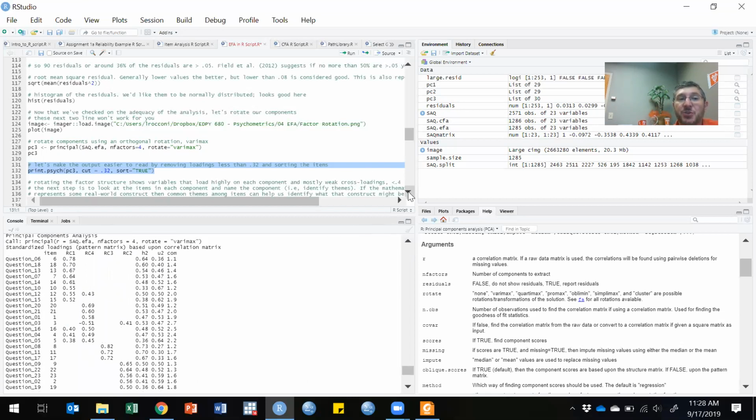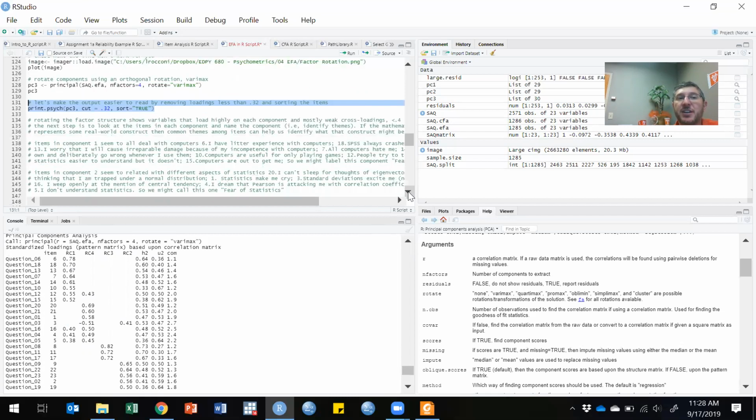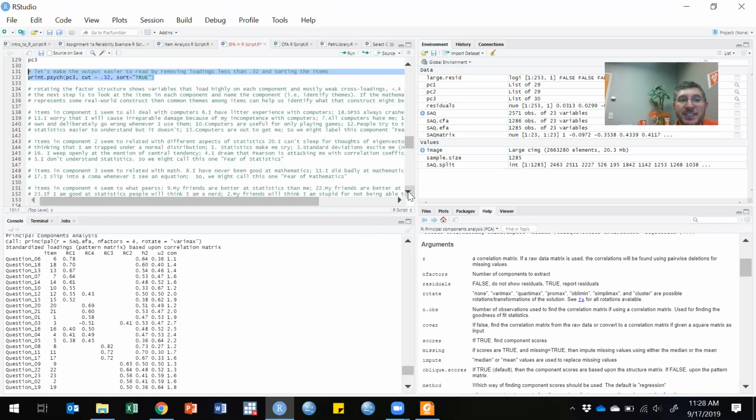But now we can see sort of what's going on here. Rotating the factor structure, we can see that most of the variables load pretty highly on one component, mostly with weak cross loadings. By that I mean they're less than 0.4. There's a few here. Look, question 12 loads both on component 1 and 2, a little bit stronger on component 1.